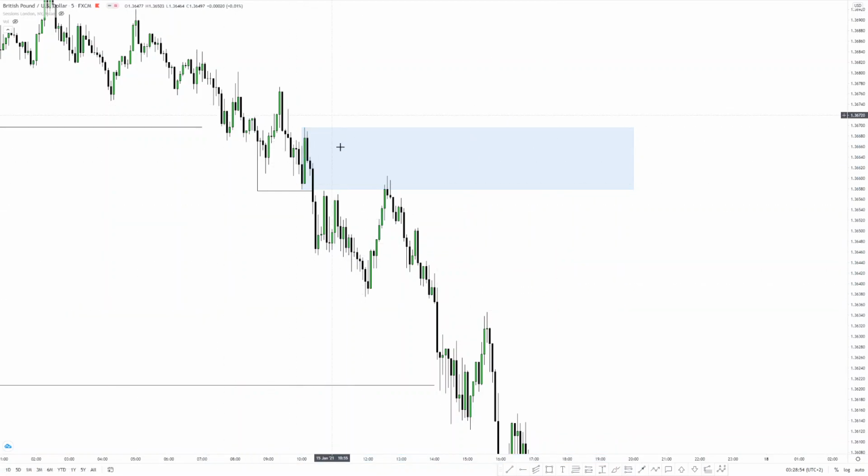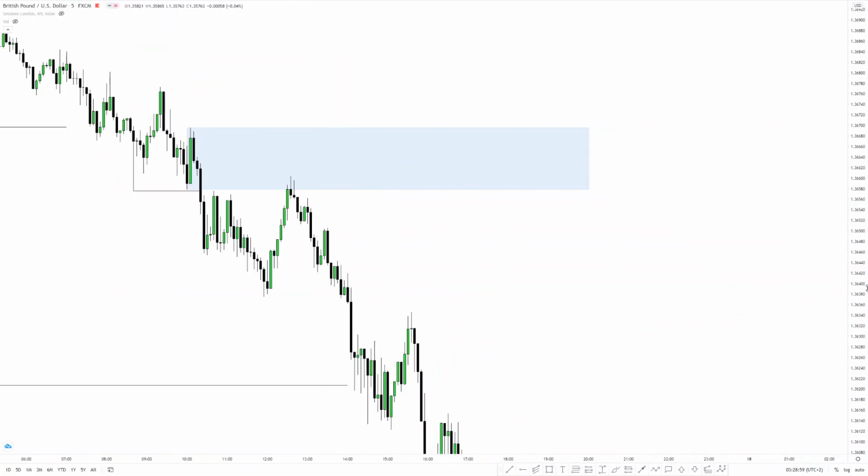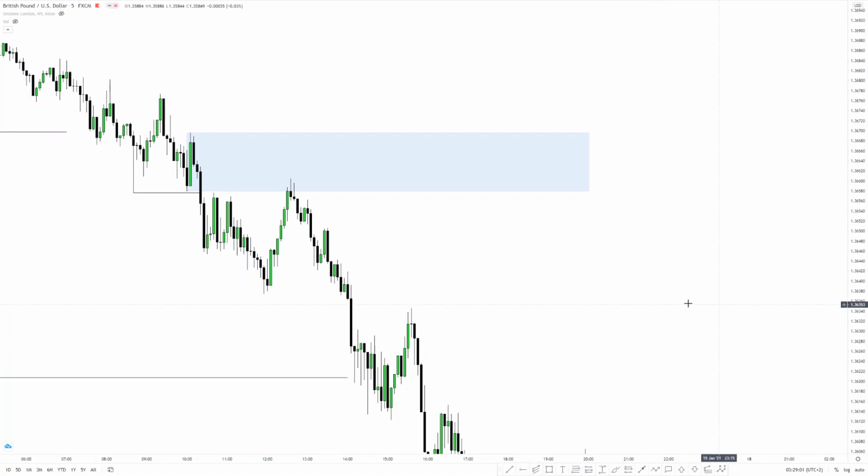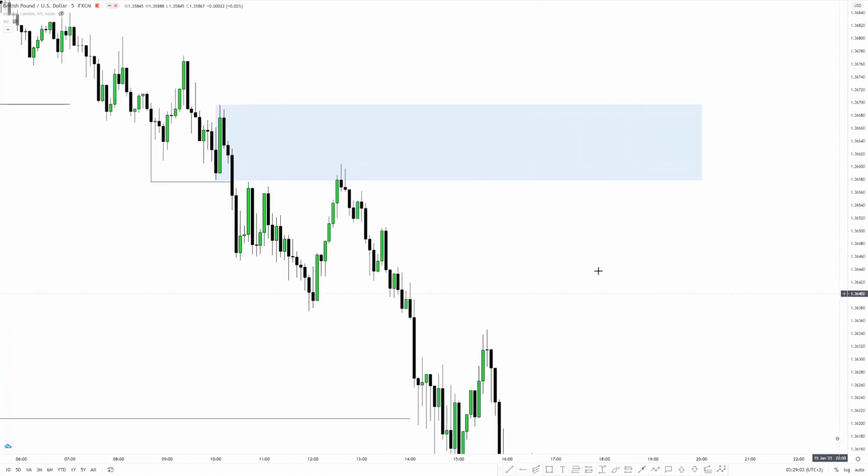That's the M15 zone. So I was like, fine, this area right here, we have to trade back to it.